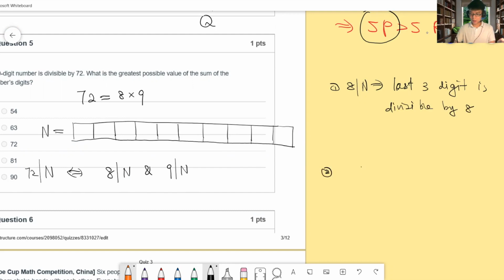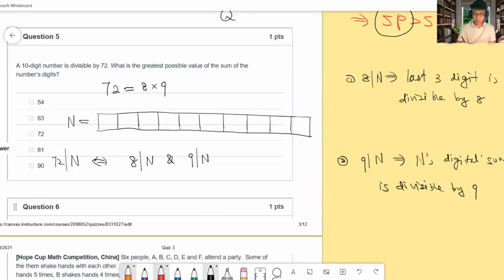And second, n is divisible by 9. That means the sum of digits is divisible by 9. Let me denote n's digital sum, which is divisible by 9. Now we need to maximize the digital sum. Of course, we cannot just make every digit 9, because the last 3 digits cannot then be divisible by 8.